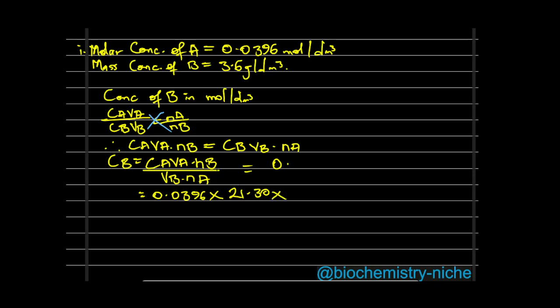Then our NB here is 1, all of that divided by our VB, that is the volume of our pipette, which is 25, times 1.